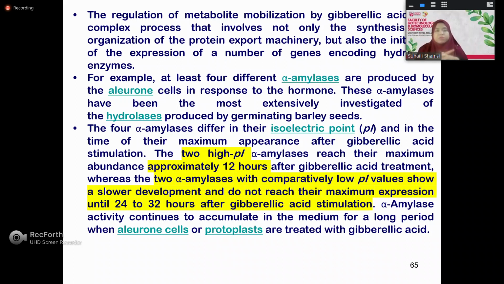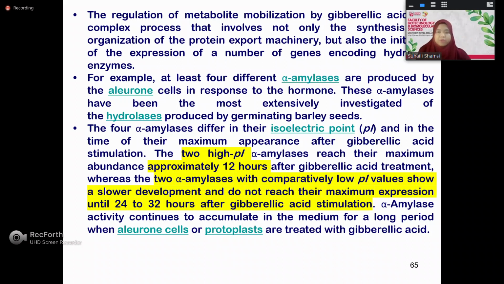So by doing this, we know that there is a continuous supply of alpha amylase that can induce continuous hydrolysis of starch in order for the seed to germinate and produce maltose. So alpha amylase activity continues to accumulate in the medium for a long period when aleurone cells or protoplasts are treated with gibberellic acid. So this is how gibberellic acid is used in the industry.